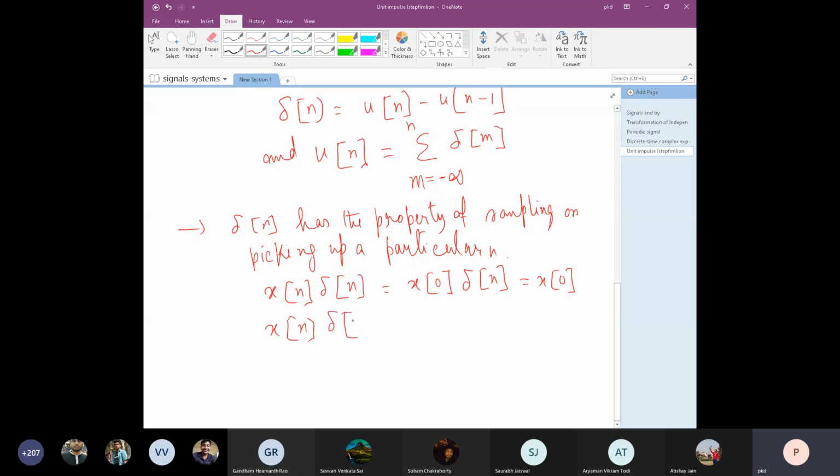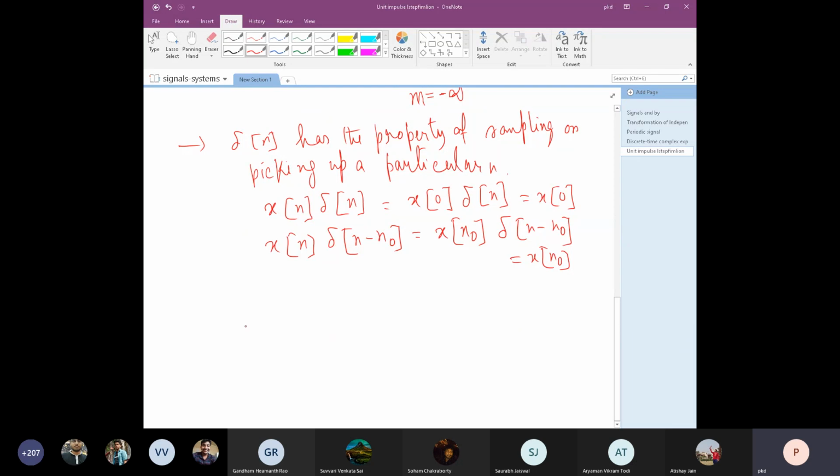Similarly, if we have shifted delta n by say n0, then we have x(n0) into delta(n minus n0) equal to x(n0). So basically, we shall see later that we can model sampling of a signal through the delta function.